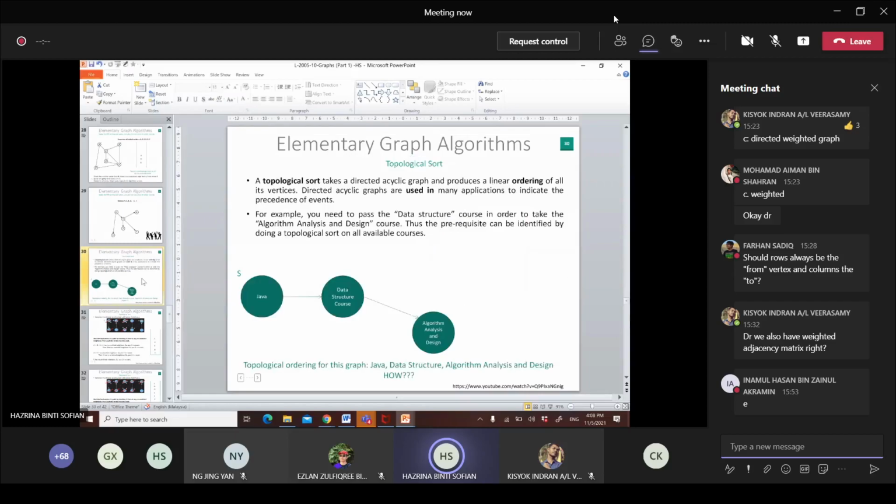let's try to do this together. How do we get the topological ordering from this graph, to take Java first, data structure, then algorithm design and analysis?